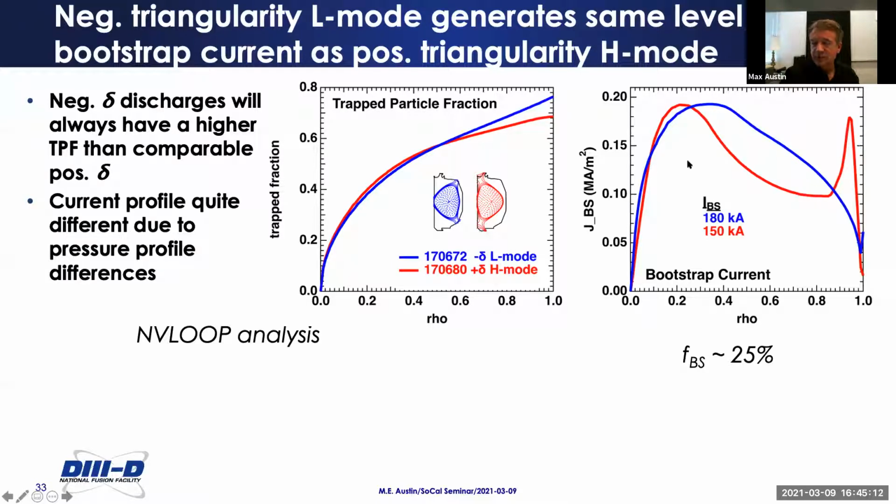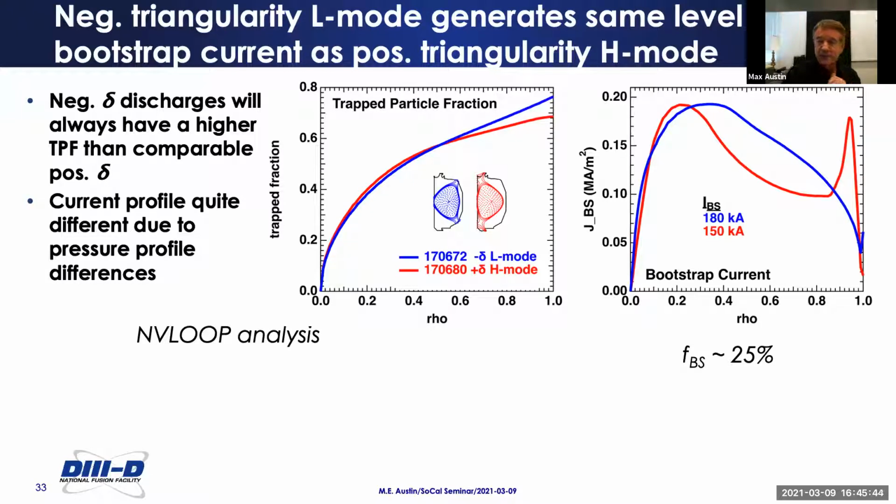And so you see that negative triangularity is producing comparable or better bootstrap current, which again bodes well for negative triangularity as a non-inductive case. And part of the reason is that the trapped particle fraction is actually always higher in negative triangularity due to the geometry of the shape.